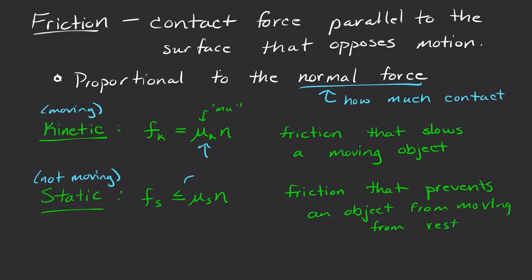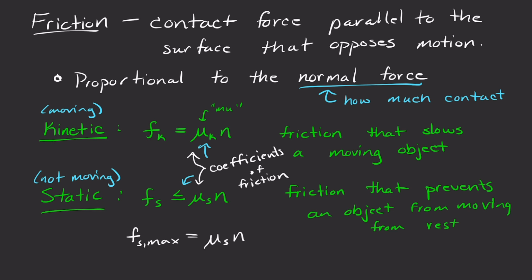What is this less than or equal to sign doing here? Static friction can vary up to some maximum value. It's at its maximum when it's equal to this coefficient of friction times N. These are coefficients of friction: the coefficient of kinetic friction and the coefficient of static friction. When it's equal to this, it's at its maximum value.